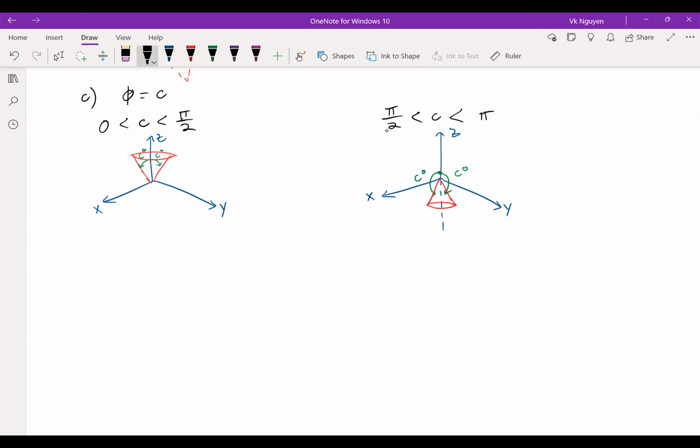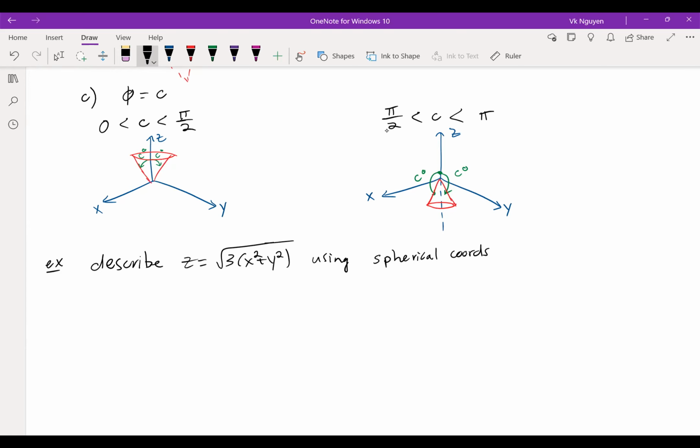Example. Describe z equals root of 3 times x squared plus y squared using spherical coordinates. If you go this way to the spherical coordinates, it is much better.